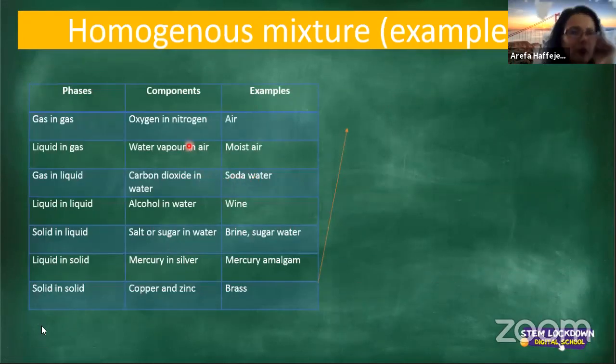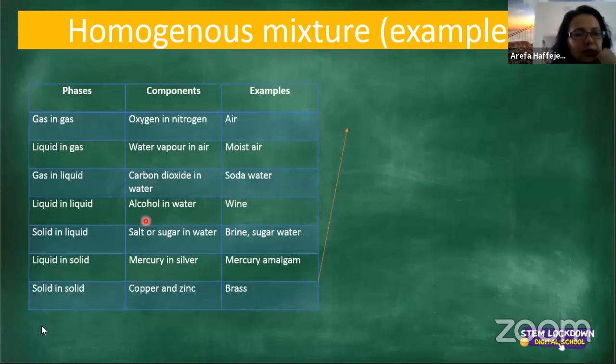Now, if we look at the phases of homogeneous mixtures, we have gas in gas. The components are oxygen in nitrogen, and that makes air. We have liquid in gas, so water vapor in air, that makes moist air. We have gas in liquid, so this is carbon dioxide in water, this makes soda water.